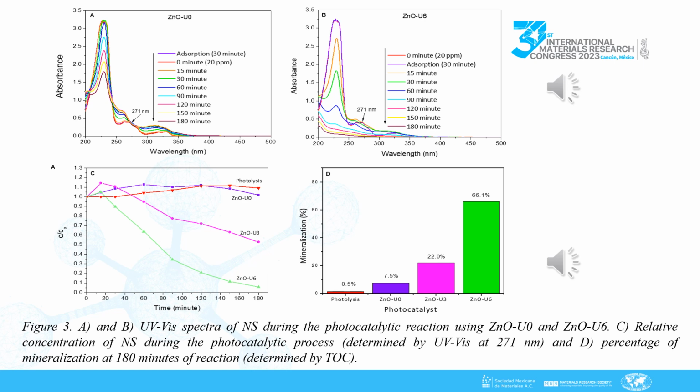And finally, the zinc oxide urea 6 material showed 66.1%. The increase in the percentage of mineralization is due to the synthesis of zinc oxide using urea as fuel agent, which could cause structural defects that favor photocatalytic activity.